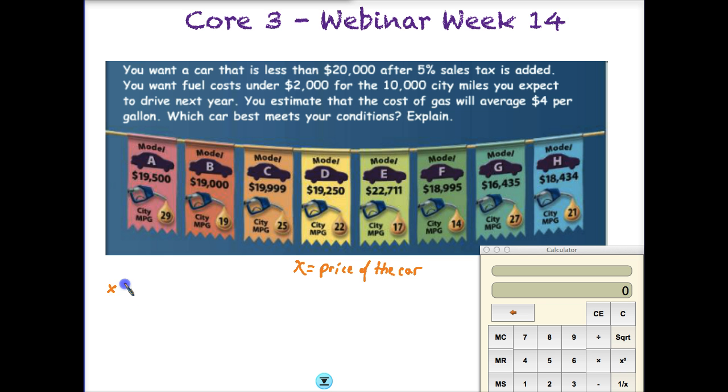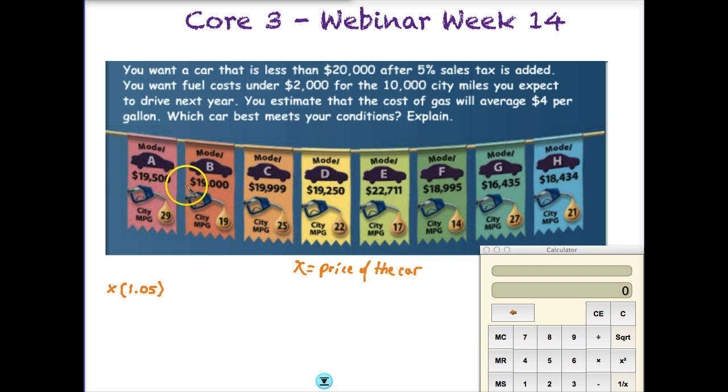Well, what I'm going to do is I'm going to take the price of the car times 105%, because I want 100%, which is the 19,500 on this first one, plus a 5%. So I'm getting 1.05, which represents 105%.